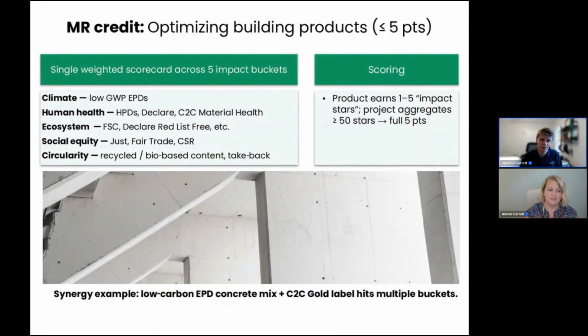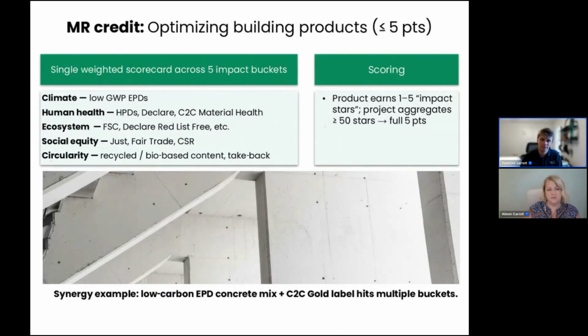All right, and in the same credit, there's part 2 here. So core and shell projects can capture an extra 2 points, a max of 8 points, either by going beyond the 30% reduction or by combining the LCA credit with the in-depth EPD analysis.